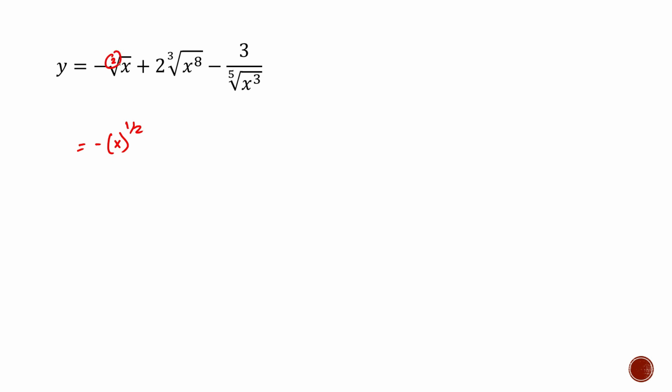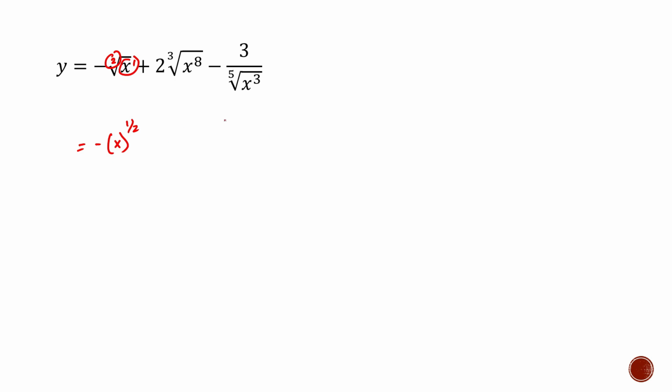If you don't see any number, that means the index is 2. Now for the x, the exponent of that is 1. We don't usually write the 1, but if there's no exponent for the variable, we consider that the exponent is 1. So that's 1/2. The 1 is the exponent of the x, and the 2 is the index. All right, I hope that's clear.